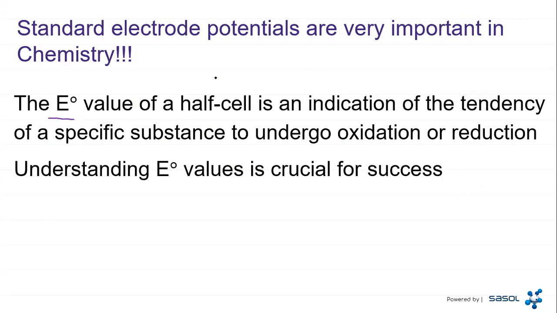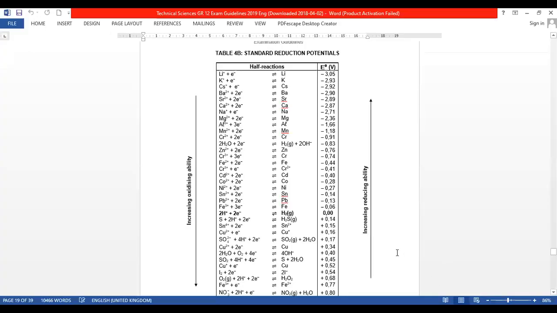Now, when you go to table 4B, we have a table of standard reduction potentials. A table of standard reduction potentials, my dear learners, looks like this. I told you that we are going to look at table 4B altogether.